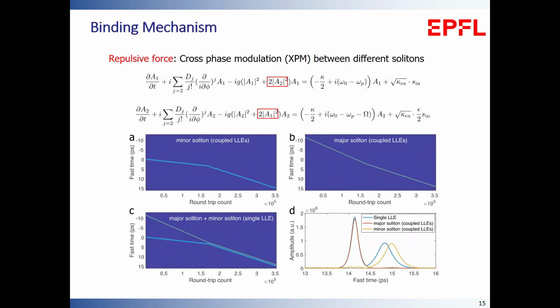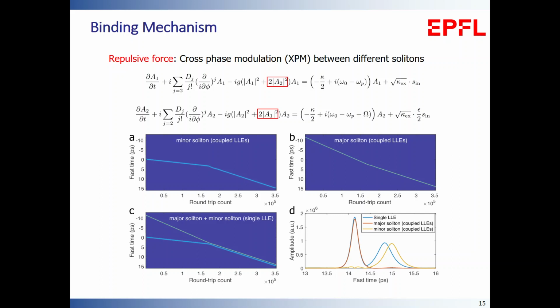You just add a second LLE in the same numerical propagation package, and all you need to do is add these coupling terms to each equation. Because now I'm simulating two LLEs, I can separate the two solitons. This is the first soliton, and this is the second soliton. And we compare to a single LLE that contains both solitons.